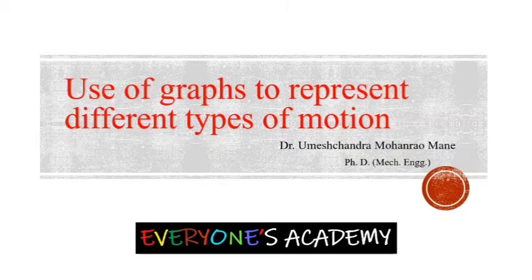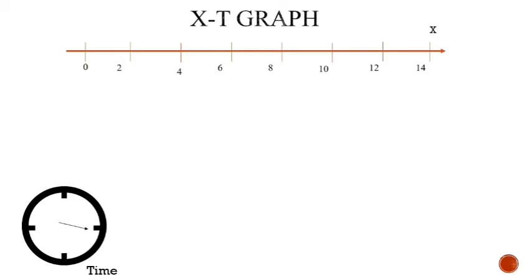In this session, we are going to learn about the use of graphs to represent different types of motions. Let us start with the x-t graph, that is the displacement-time graph. In this case, we should have a measuring scale and a timer so that we can measure distance and time both. Suppose there is a car which is not working and it is stalled at 4 unit distance, whatever may be the time.